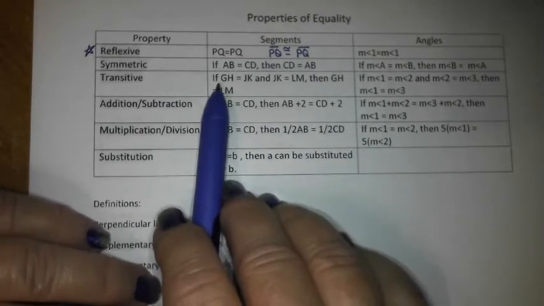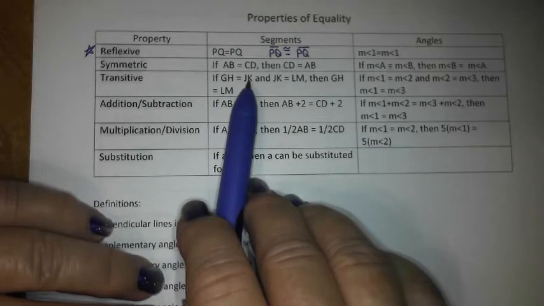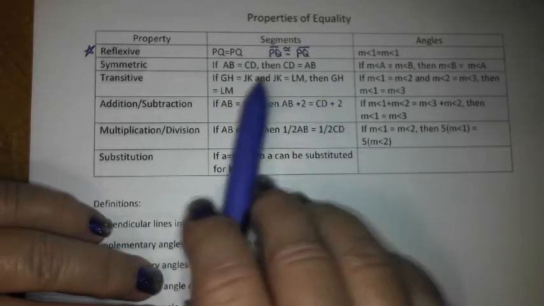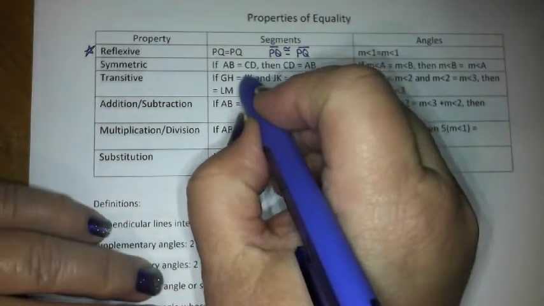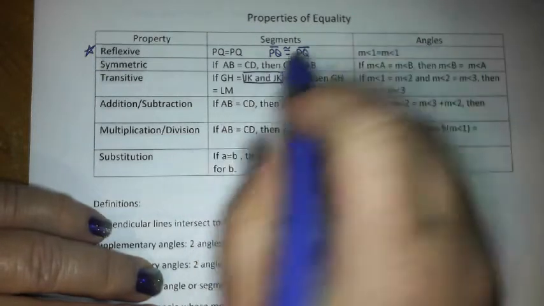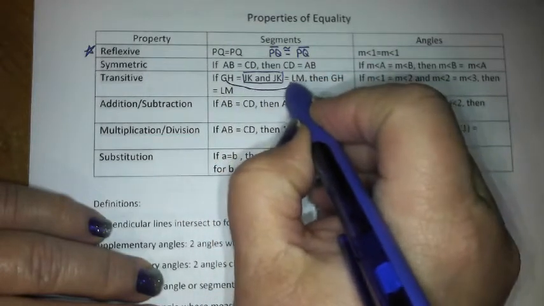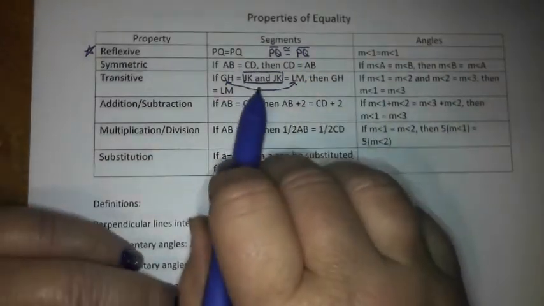The transitive property. If GH equals JK and JK equals LM, then GH equals LM. I think of the transitive property kind of like a little train. We've got GH and JK, and then notice we used JK again with LM. That means that GH and LM are equal, the transitive property.